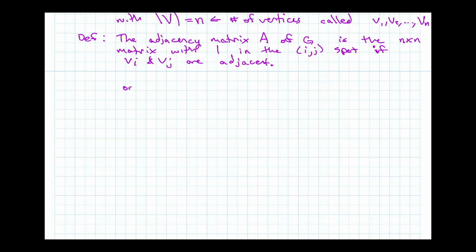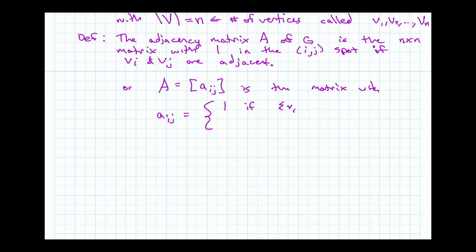You could say the adjacency matrix is the matrix with a_ij equals 1 if vi, vj is an edge in G, and 0 otherwise.